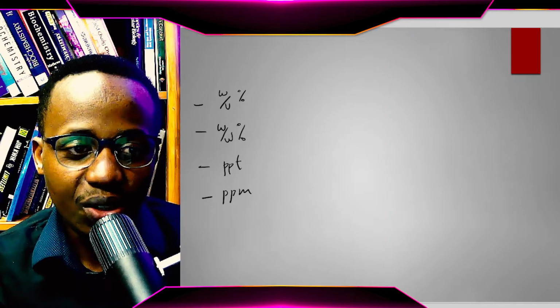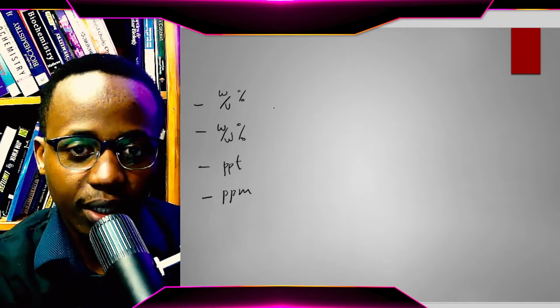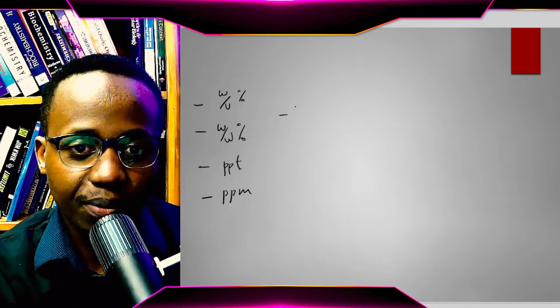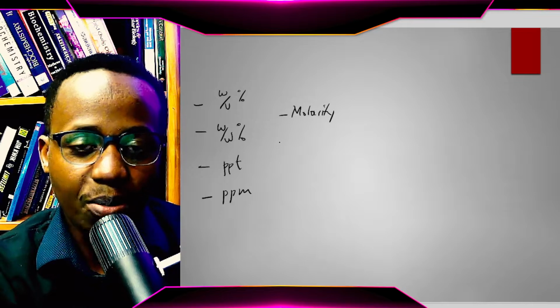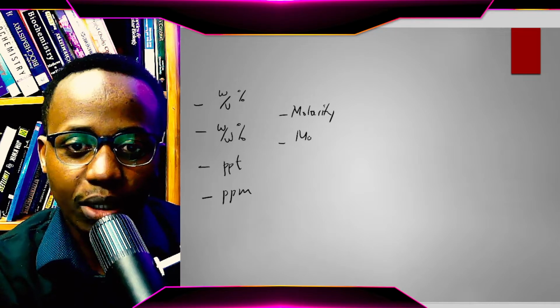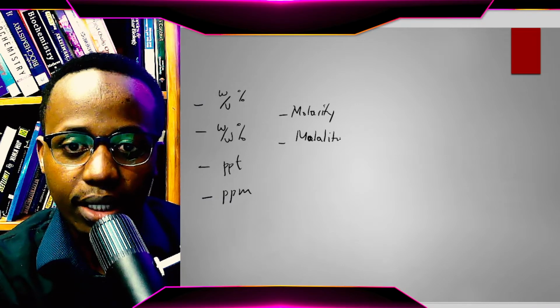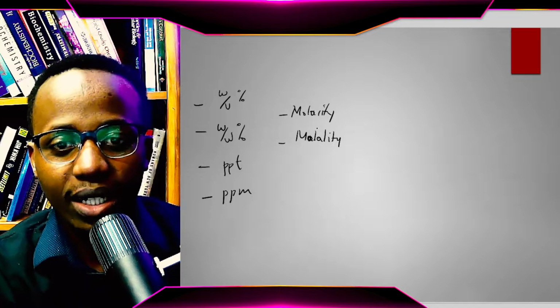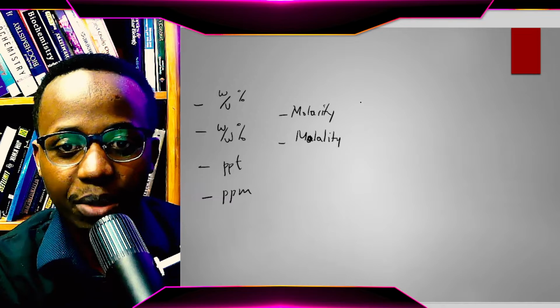But before I introduce these, it's two of them. One is called molality. I noticed that both of them have mole in them. The other one is molarity. They are similar but a little bit different, and we'll talk about how in a minute.